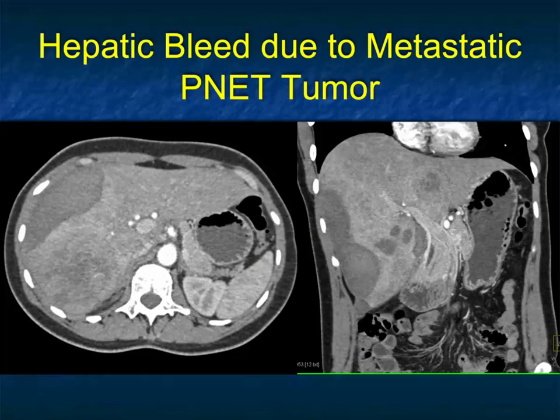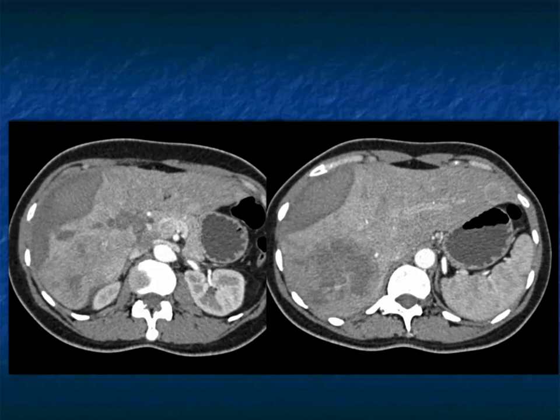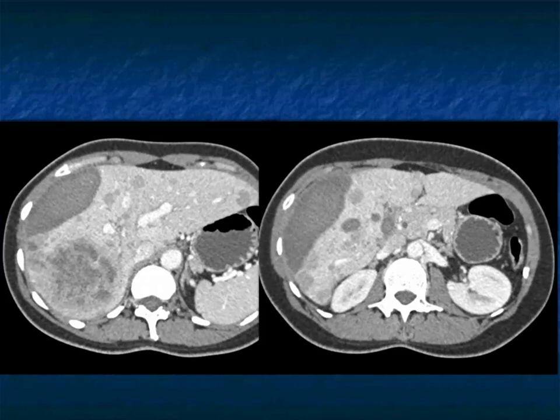And this was a spontaneous bleed due to metastatic neuroendocrine tumor to the liver. So again, we like to push hepatic adenoma to the top of the list for hepatic bleeding, but it's not the only thing we need to think about, and it can be a very challenging diagnosis.